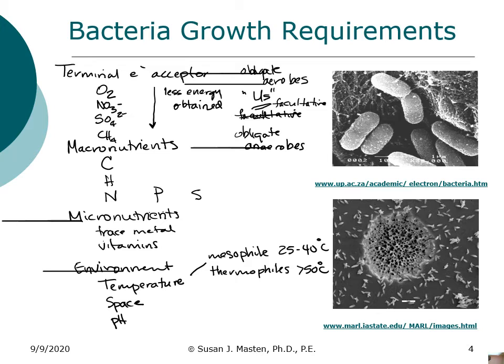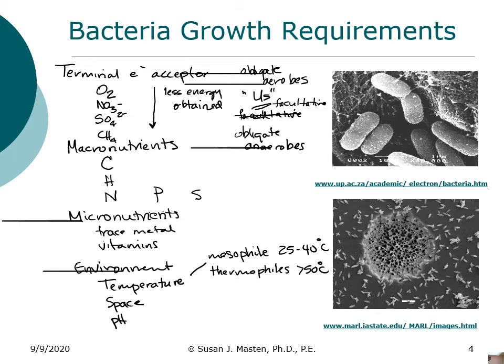We require micronutrients. These include trace metals. These can be calcium, magnesium, iron. All of these are important in metabolic activity. And then also vitamins. And then we need a proper, suitable environment. Temperature plays a significant role.